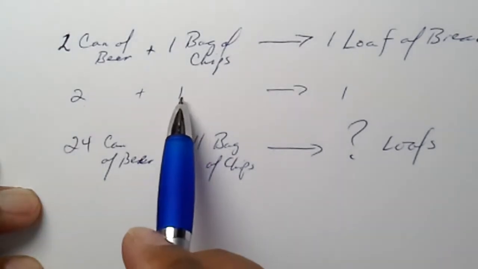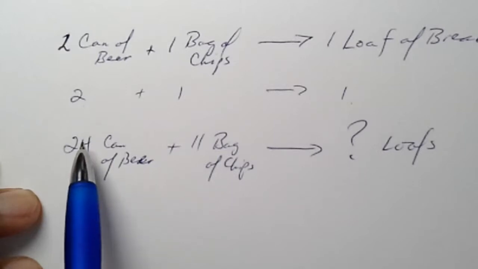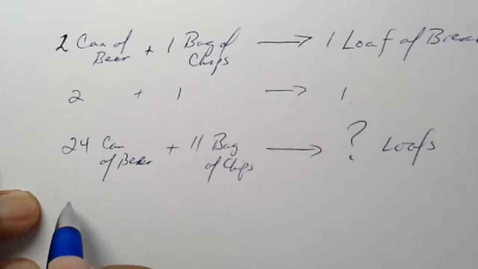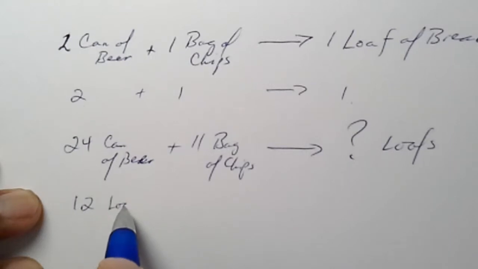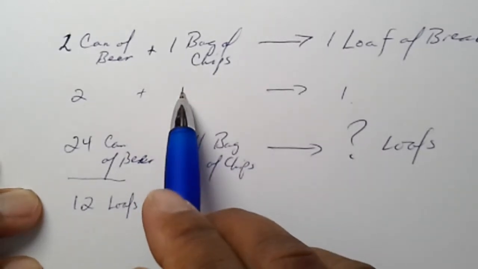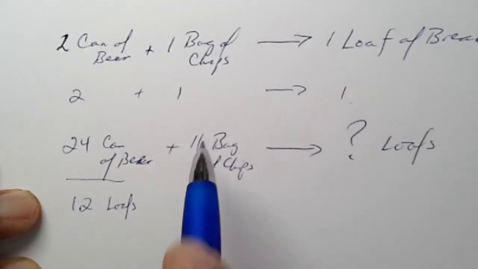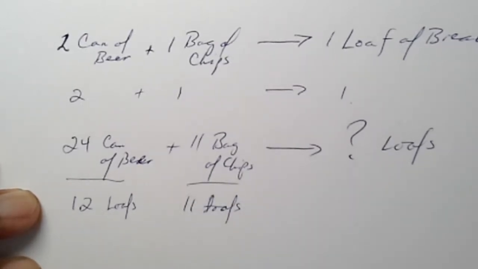If I need 2 cans and 1 bag to make 1 loaf, I got 24 cans, so I need 2 for each loaf. So I ought to be able to make 12 loaves just by looking at the number of cans I have. And we need 1 bag of chips to make 1 loaf, so by looking at the 11 bags of chips I have, I can make 11 loaves just by looking at the bags of chips.